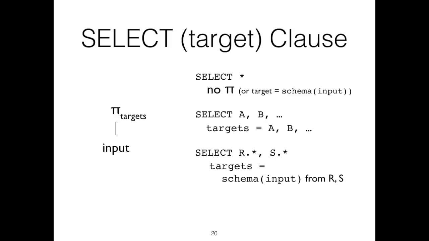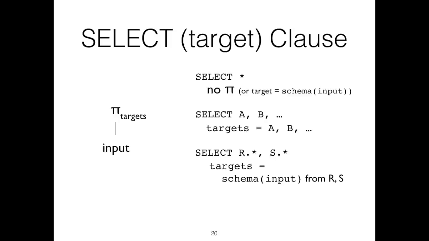If I say select star, this basically means I don't want to do any transformations on the data. So if I just have a select star, I can get rid of the projection. If I have select A, B, and so on, then I generate my target list for the projection, essentially by just taking those expressions verbatim.